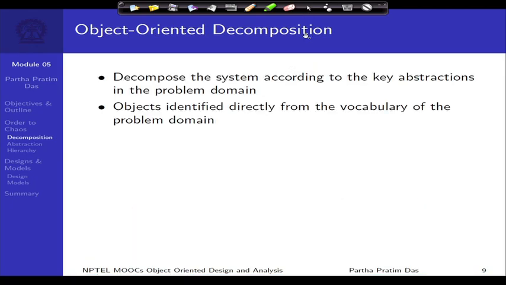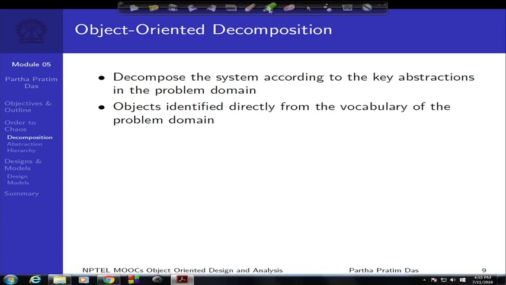In contrast, we can do an object oriented decomposition. In object oriented decomposition, we do not look at the specific tasks. Rather, we try to decompose the system according to the key abstractions of the problem domain. That is, we take a look directly into the vocabulary of the problem domain. What is the problem domain talking about?